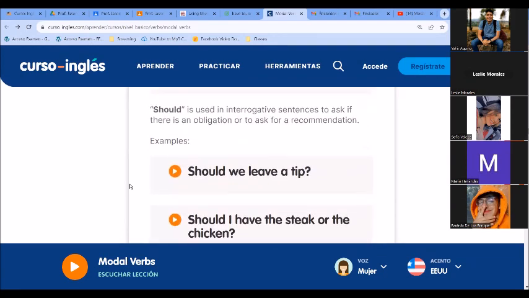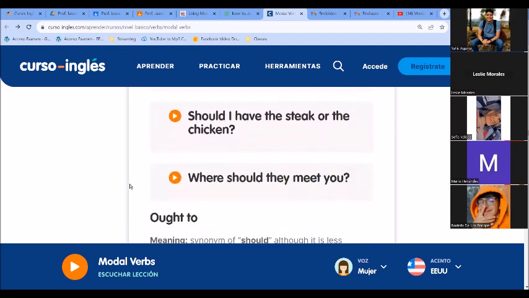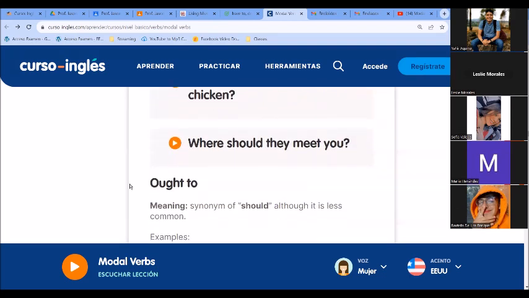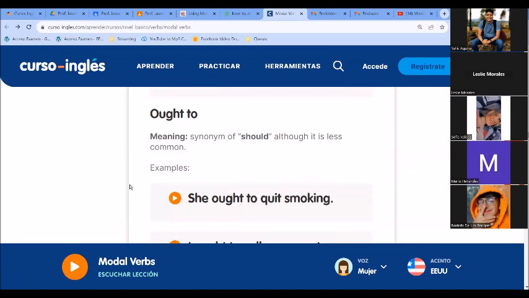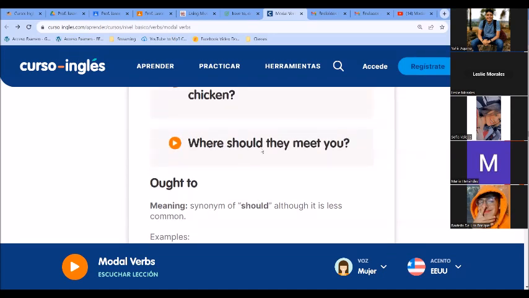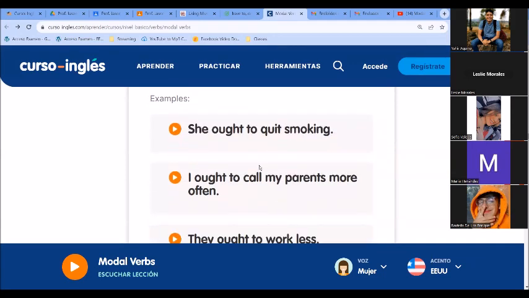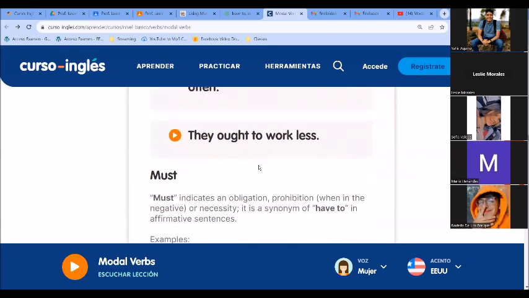They are exactly the same use, exactly the same in terms of their question form and their normal form. The big difference, however, that you should pay attention to is should does not have a to. Ought to has a to that you will use in your sentence. And it's also maybe a little bit less common as well.